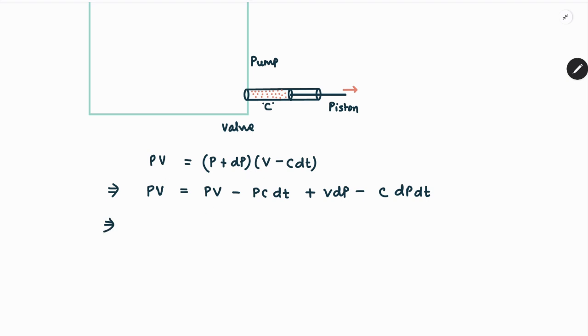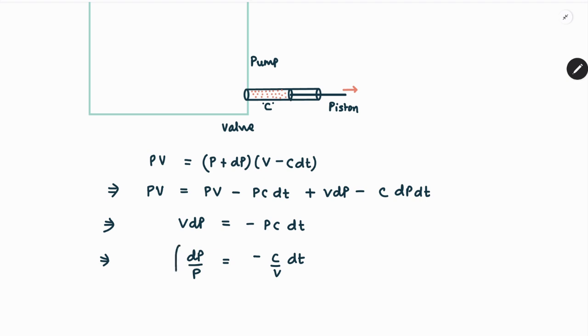PV on either side will cancel out, and then we can write over here that V dP is equal to minus P C dt, and therefore we write over here dP by P is equal to minus C by V dt, and then integrating both sides.